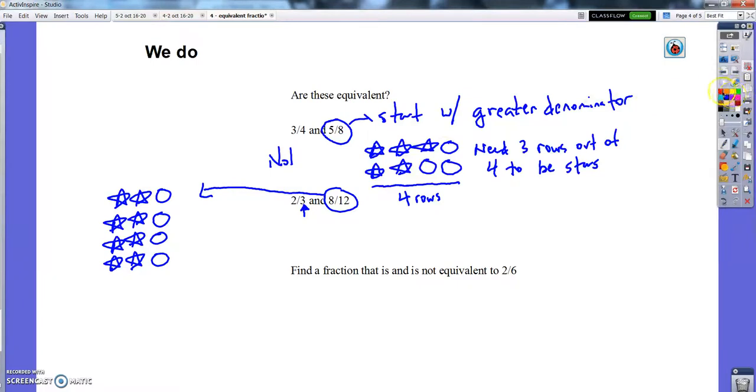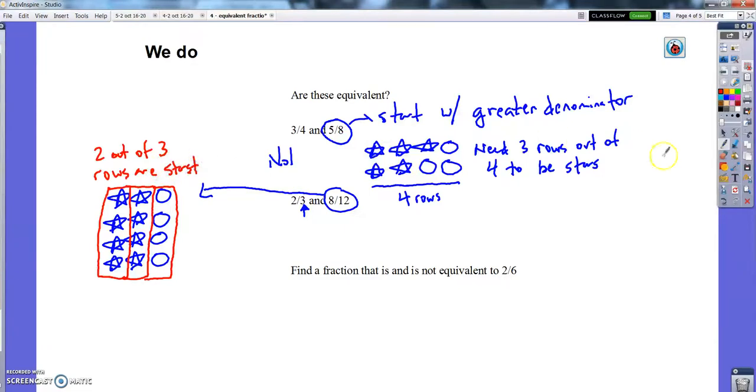And if I do that, you'll notice I can group them so that they look like thirds. 2 out of 3 rows are stars.